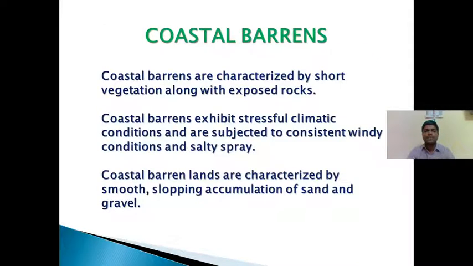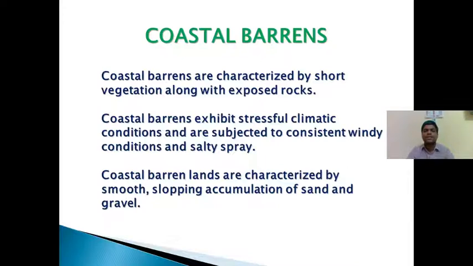So the first type is coastal barrens. Coastal barrens are characterized by short vegetation along with exposed rocks. Such soils are generally developed near beach areas. There are rocky patches, and on that rock sparse or stunted vegetation grows; such land or vegetation is called coastal barrens.